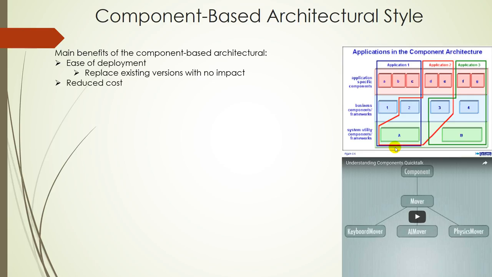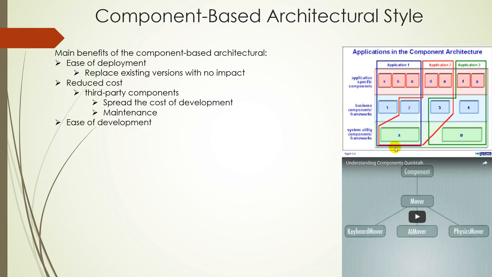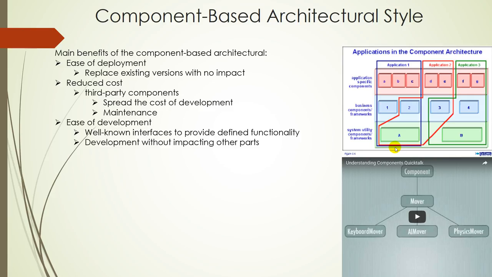The use of third-party components allows you to spread the costs of development and maintenance. The next one is ease of development. Components implement well-known interfaces to provide defined functionality, allowing development without impacting other parts of the system.